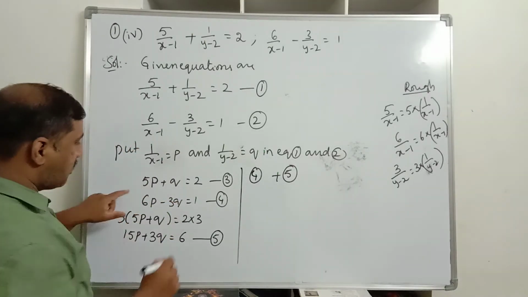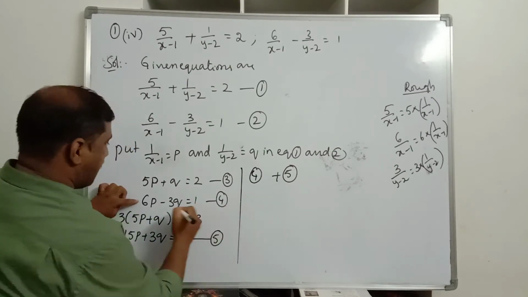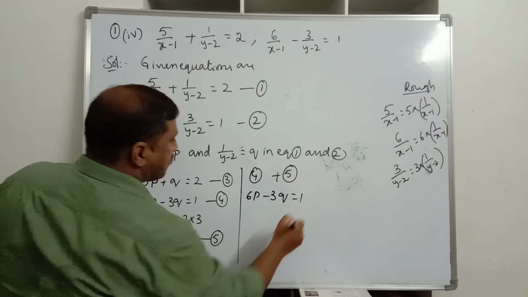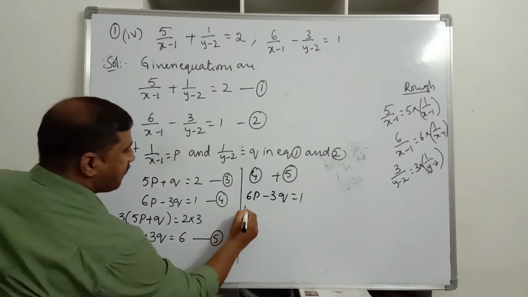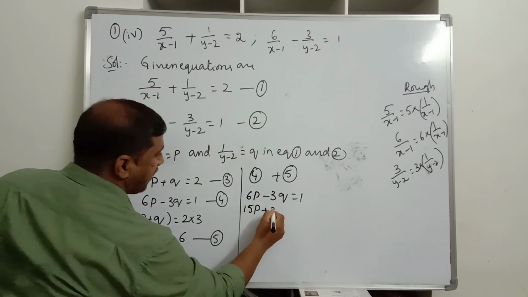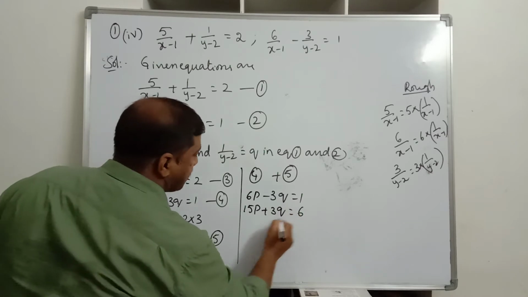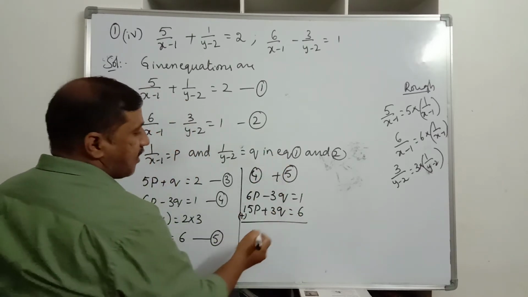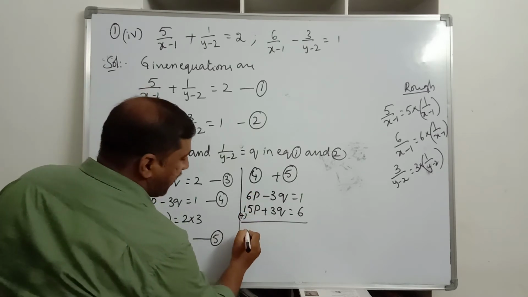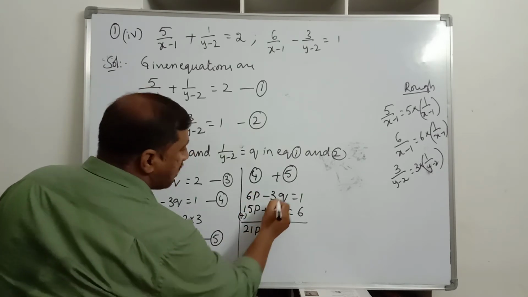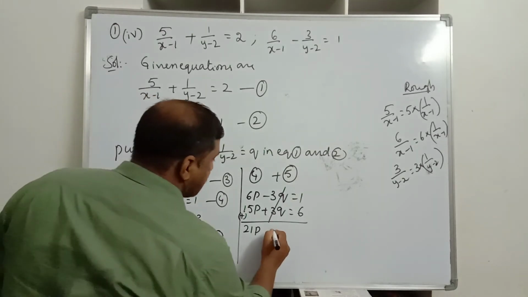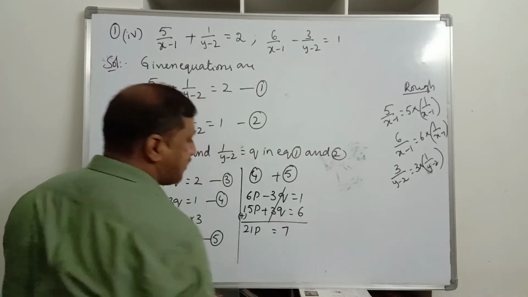Equation 4 is 6p minus 3q is equal to 1, and this is 15p plus 3q is equal to 6. When we add, 6p plus 15p is 21p, and 3q minus 3q cancel to give 0, and that is equal to 6 plus 1, which is 7.